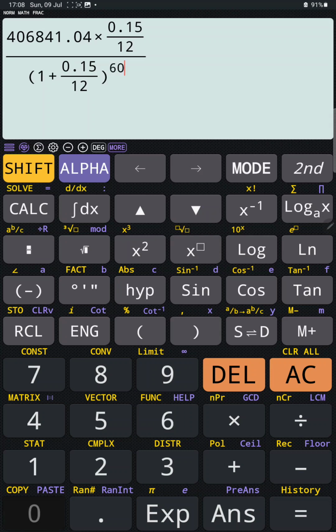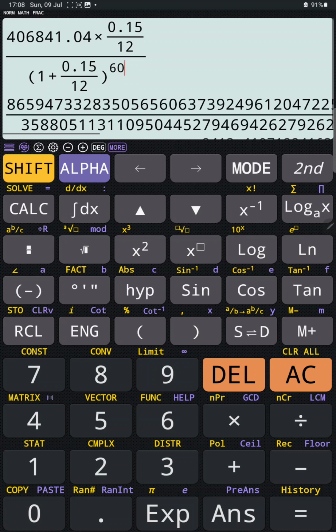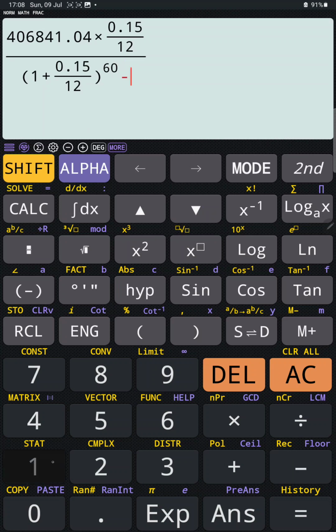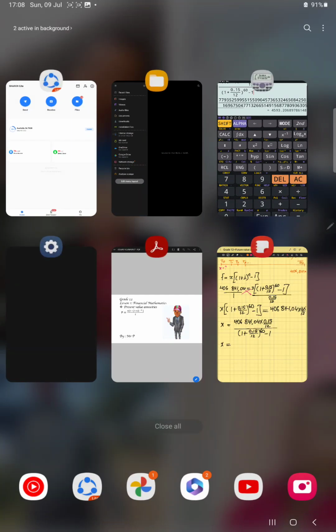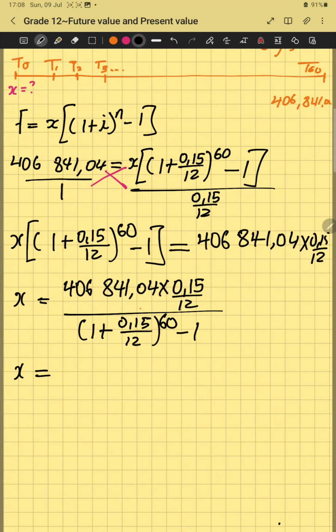Remember our exponent is 60 payments, and then there must be minus 1 for the formula, and then this is the value that we have, which is the monthly installment must be 4,593 rand and 21 cents. So we can just also conclude from here.